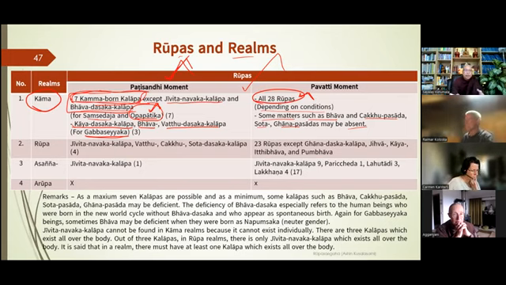What I mean is, in some stories, some ladies were born in a big lotus flower or in bamboo.